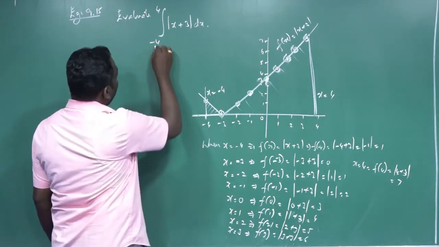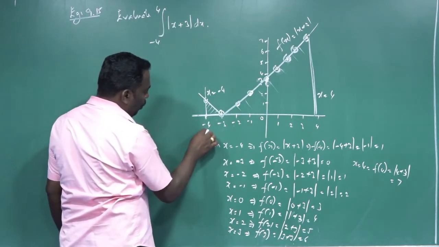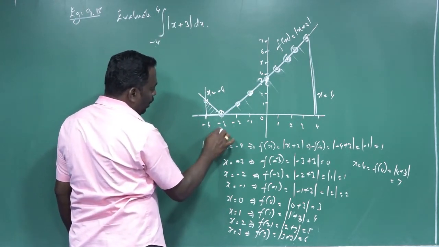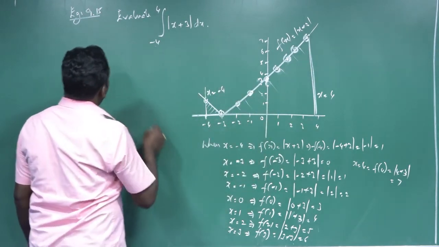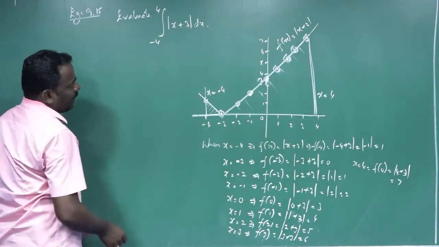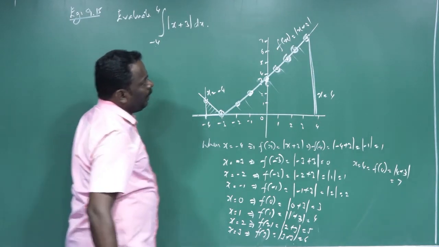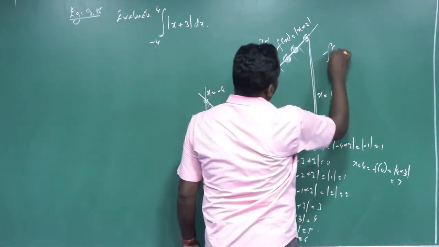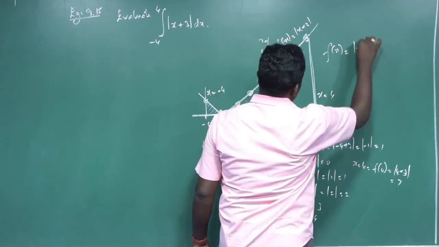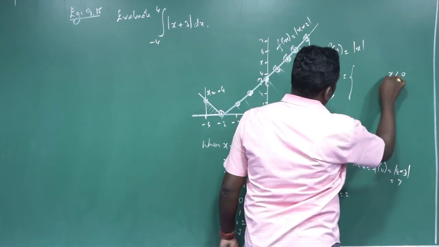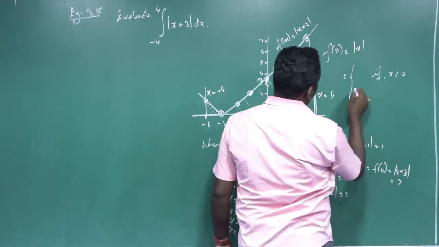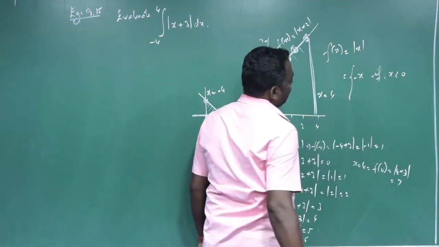Therefore, the interval minus 4 to plus 4 is divided into two intervals: one is minus 4 to minus 3 and the other is minus 3 to plus 4. Applying the concept of modulus, modulus of x is equal to minus x if x value is less than 0.